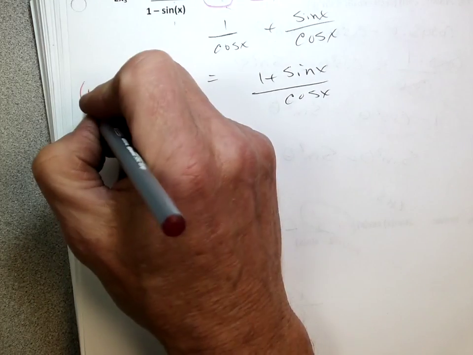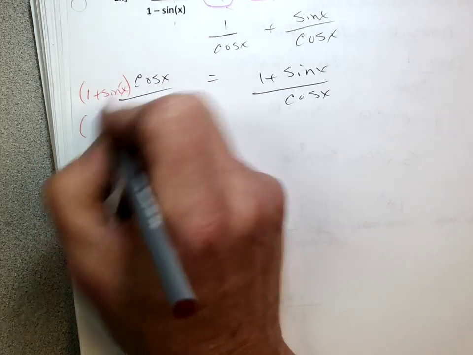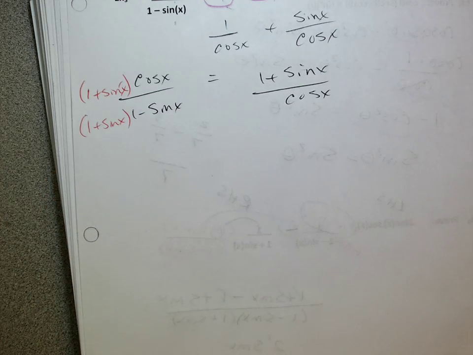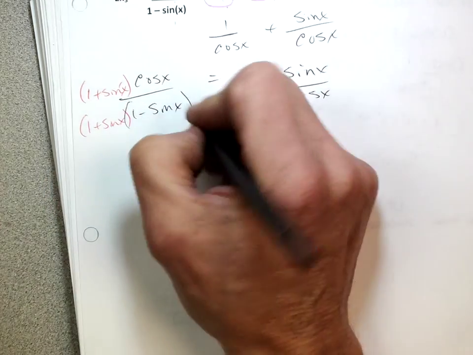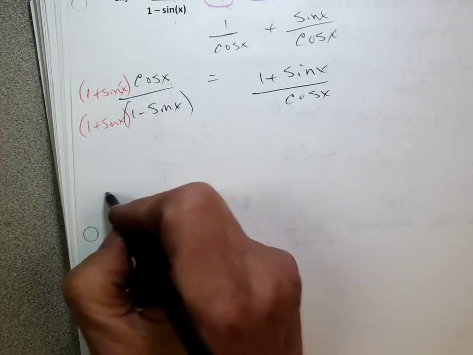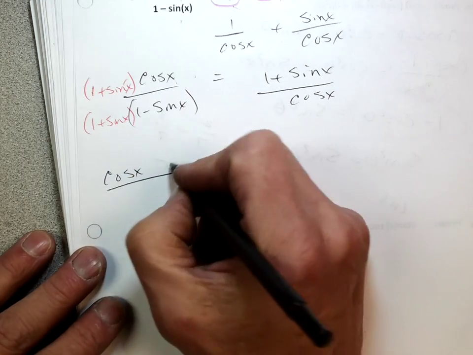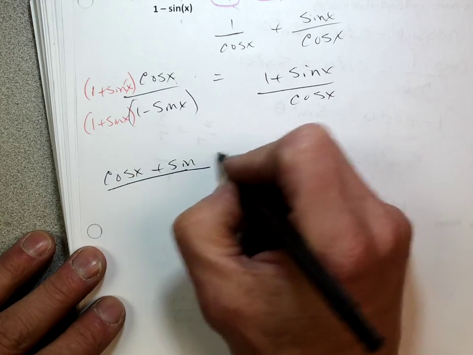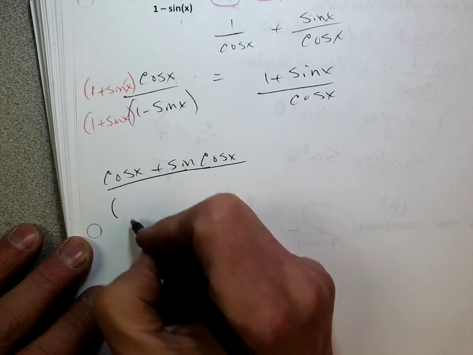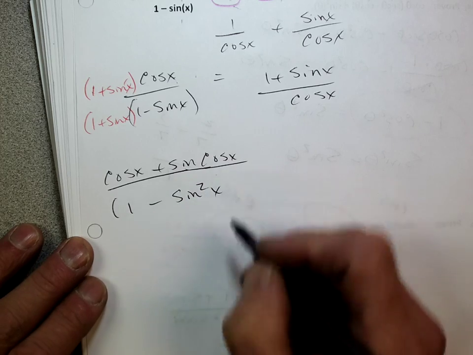If I multiply this by 1 plus a sine of x, and I multiply this by 1 plus a sine of x, how is that going to help? I'm going to get a cosine of x plus a sine cosine of x, all over, you ready? 1 minus sine squared of x.